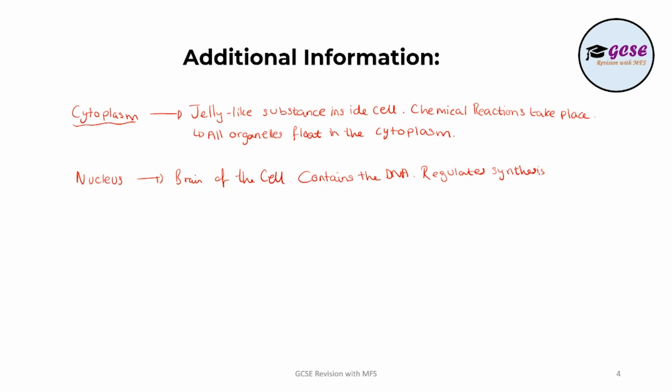And as it's the brain of the cell, it can also tell the other organelles what to do. The cell functions because of the nucleus. The nucleus tells the organelles in the cell what to do.